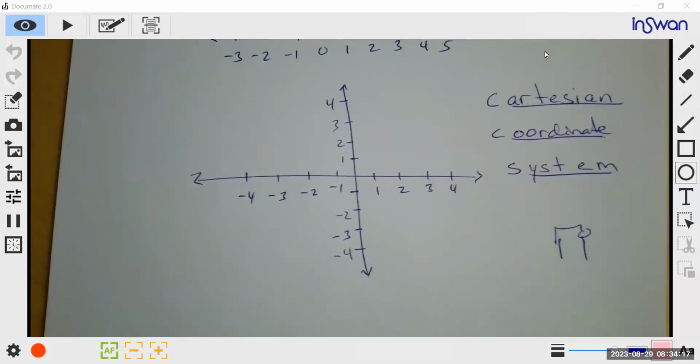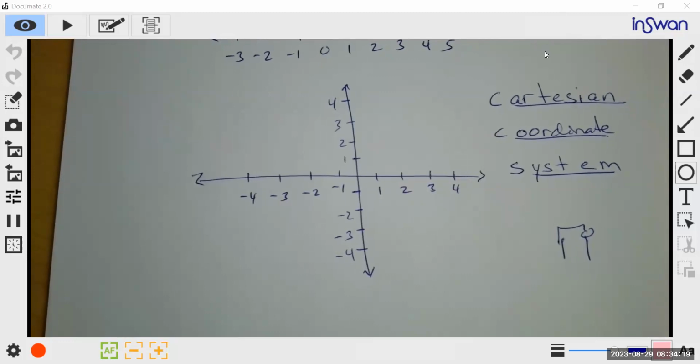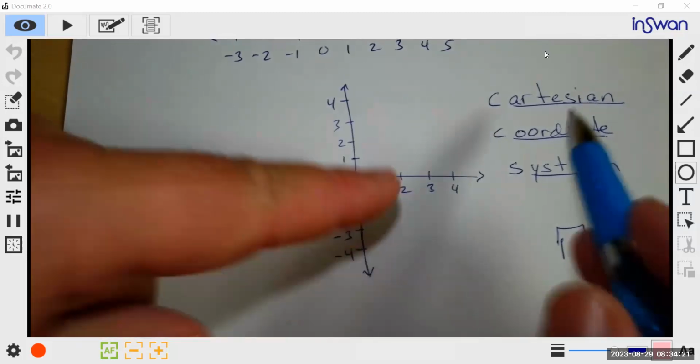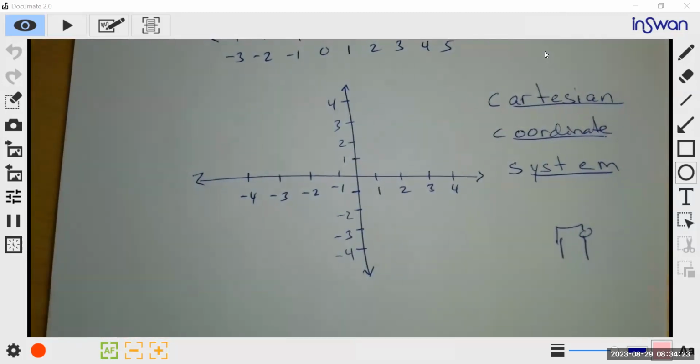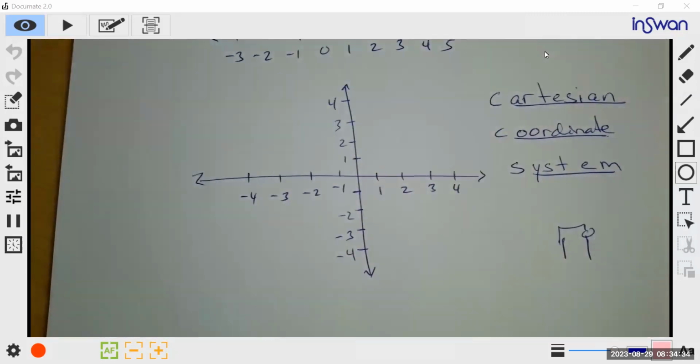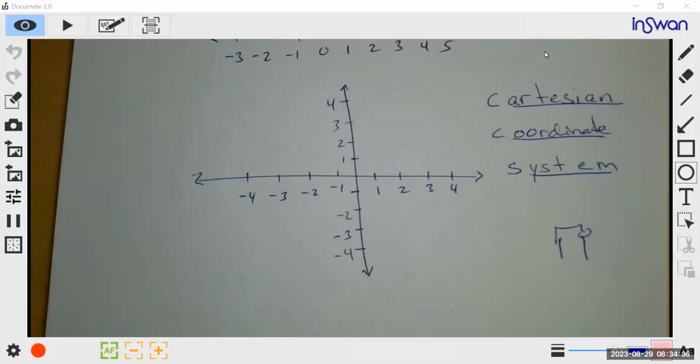Did you ever hear the phrase "I think, therefore I am"? No. Rene Descartes is a French mathematician, philosopher, scientist who came up with that. He said, "I think, therefore I am." Cogito ergo sum. He came up with this grid system. You'll never guess how. With the help of a fever and a spider.